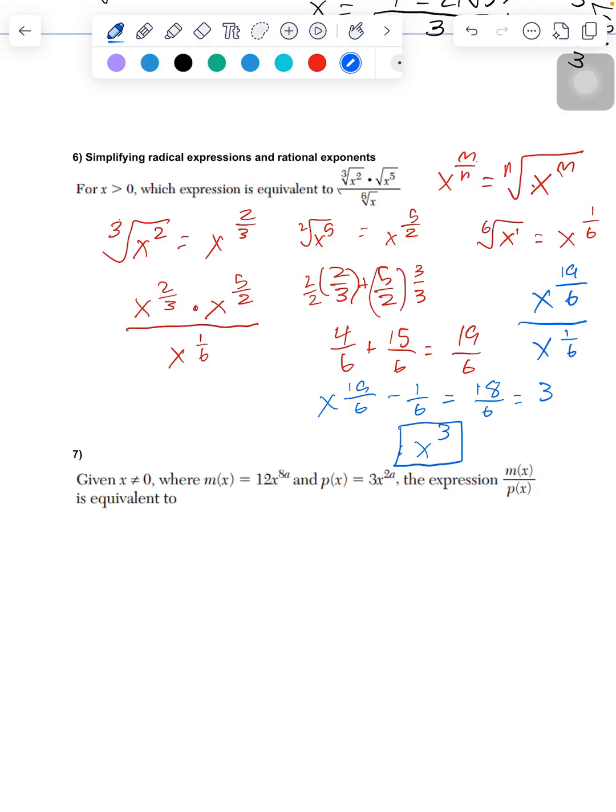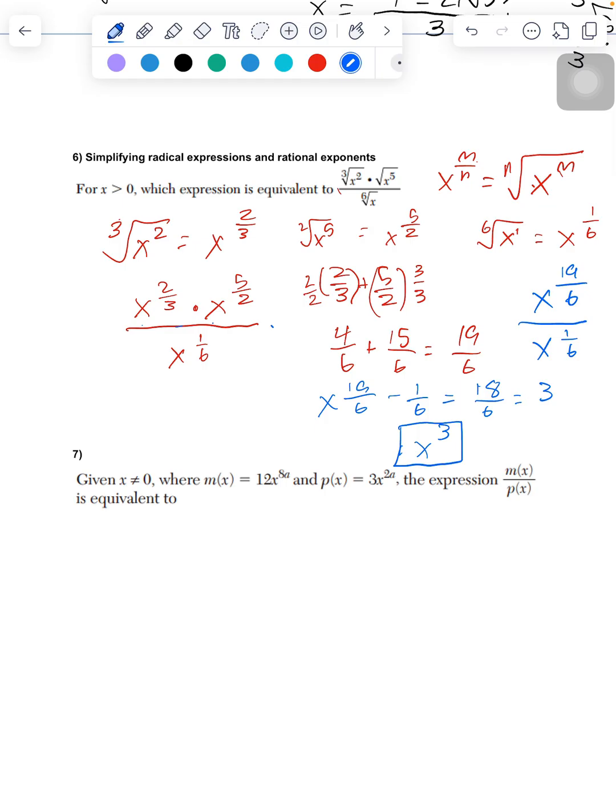So what we did is we converted all our radicals into exponent form, and then we rewrote the problem right here. We realized when we're multiplying the same base, we have to add exponents. So we added our exponents. They were of a different denominator, 3 and 2. The smallest multiple of 3 and 2 is 6, so we converted everything into 6 as our denominator.